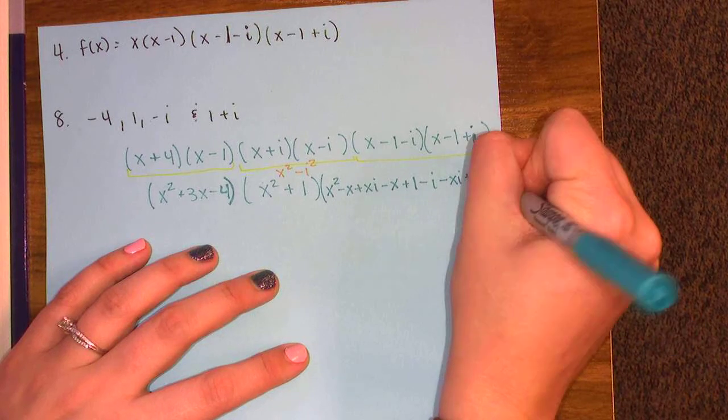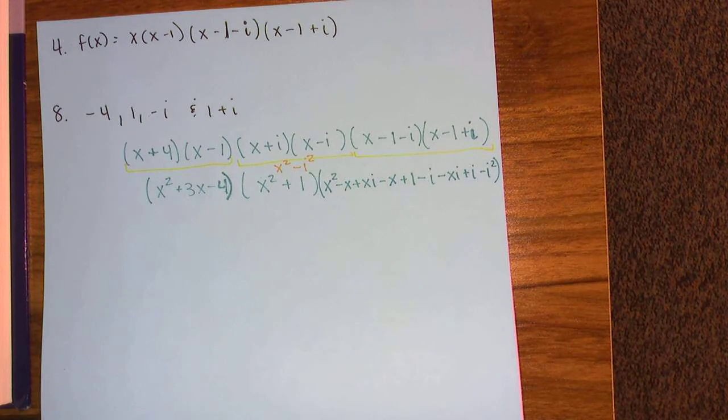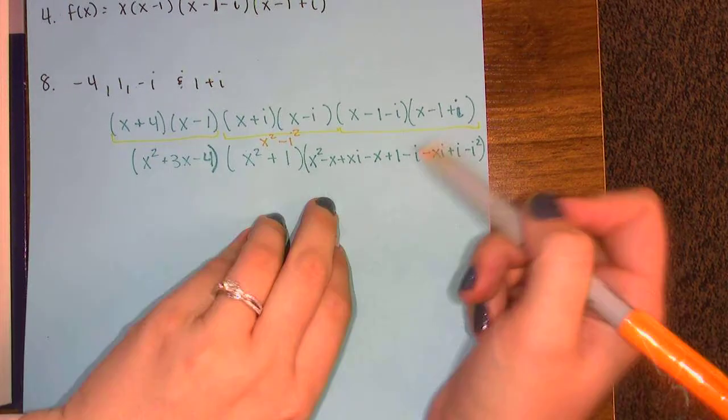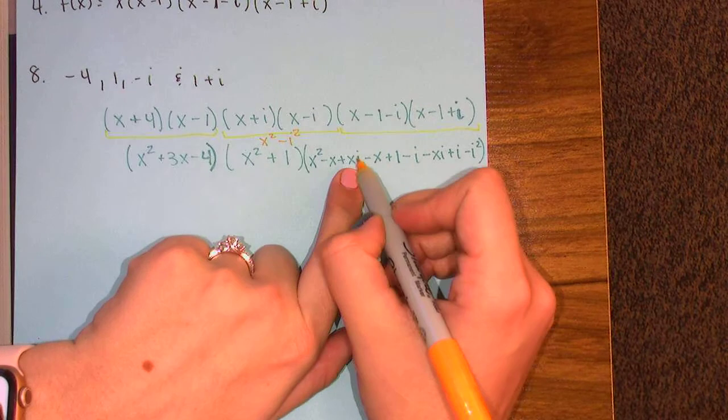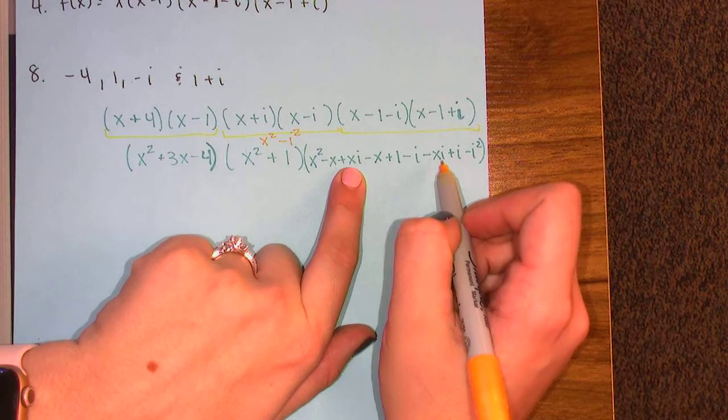Okay, so you should have something like x squared minus x plus xi minus x plus 1 minus i minus xi plus i squared. Okay, now that's a lot, right? But we know we're trying to get rid of all the stuff with i's in it, and in theory that should happen. So I'm going to go through and try to cancel out stuff. I have a positive xi and a negative xi, so I'm going to get rid of that stuff first.